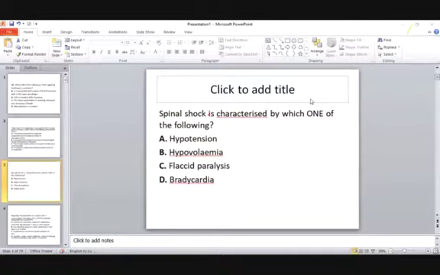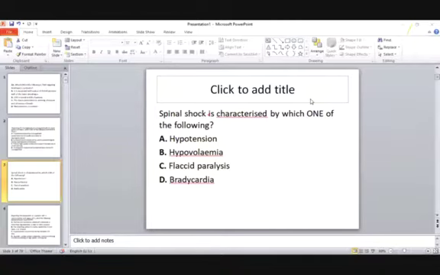You don't need to bother much about the mechanism of developing this bradycardia. Because of the hypertension there will be inhibition of the cardiac vasomotor center, and because of that the patient will develop bradycardia. Just know that autonomic dysreflexia is a phenomenon seen in patients with spinal cord injury after some time, and because of the massive sympathetic stimulation the patient can even die.